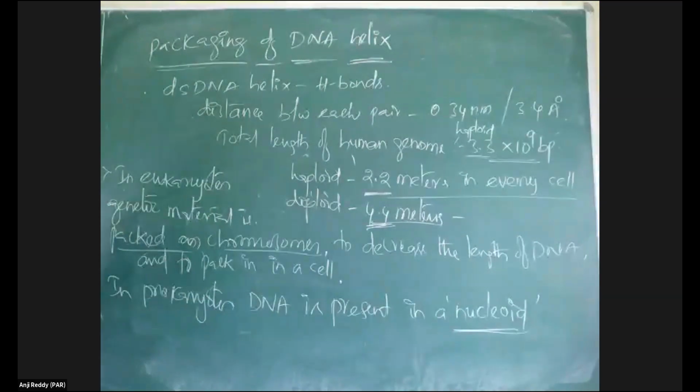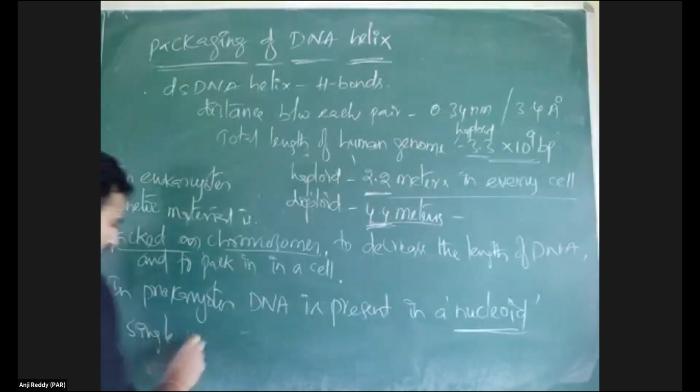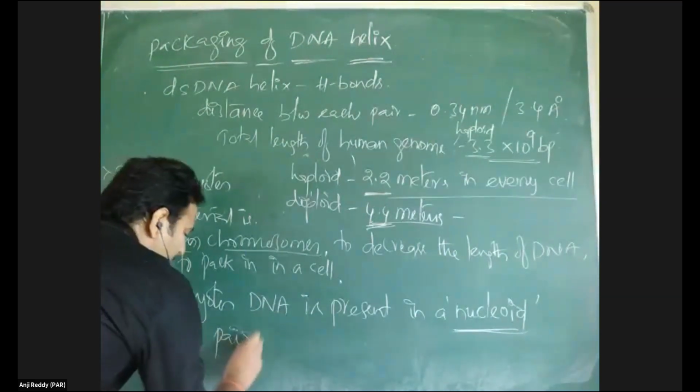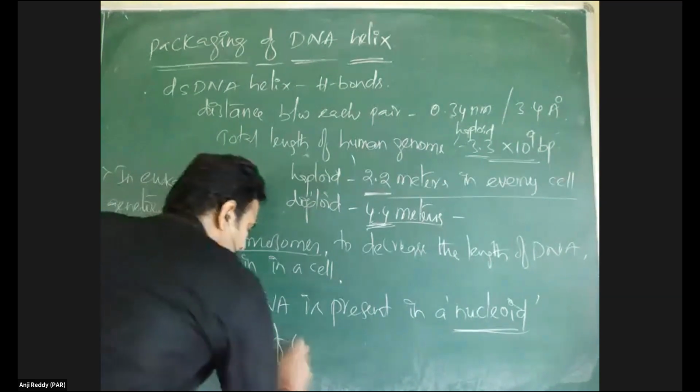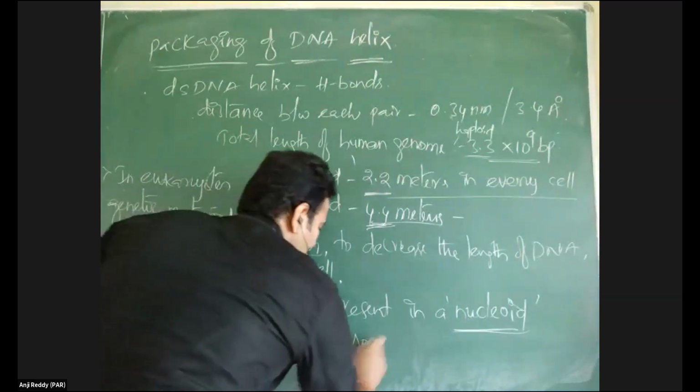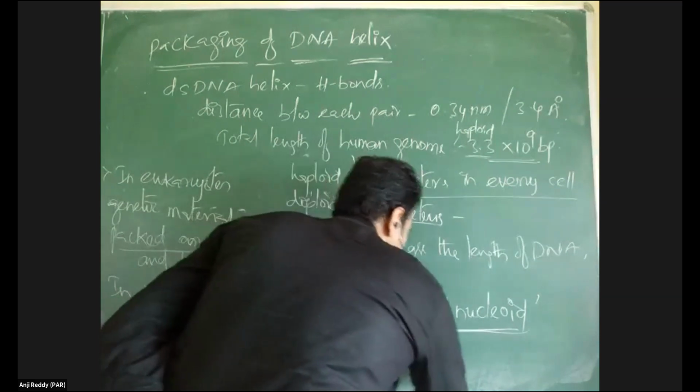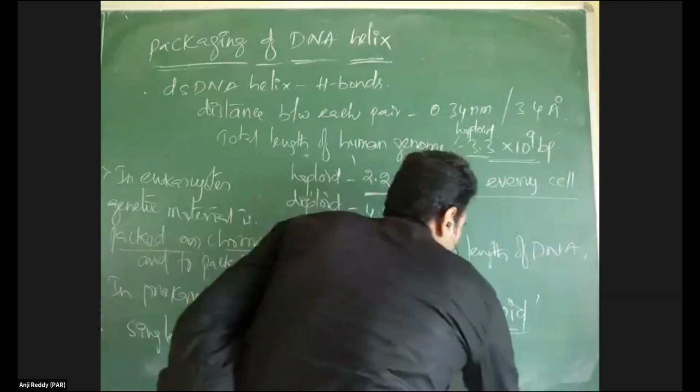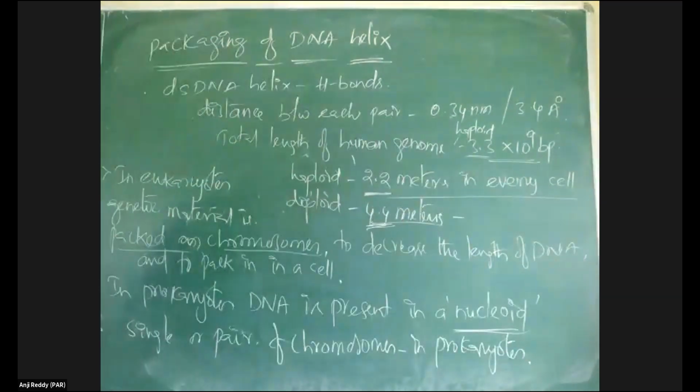Inside that nucleoid, there is DNA. Usually, a single chromosome or a pair of chromosomes may be present in prokaryotic cells. There is no large number of DNA molecules. Usually there may be circular DNA.